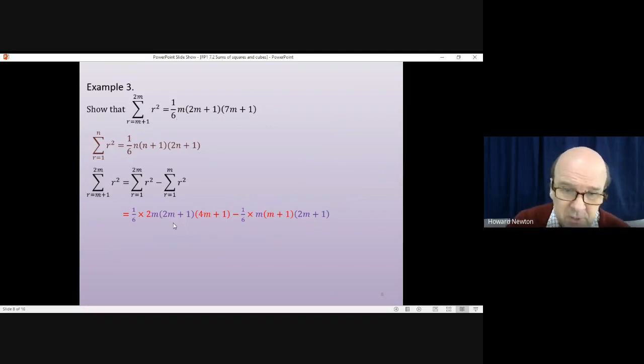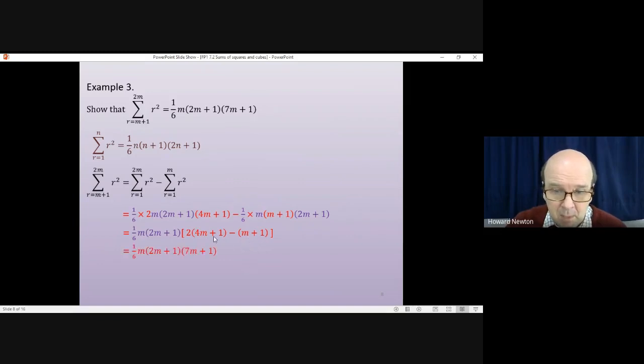So the very first moment you can do so. Now, in this case, 3 things, 1/6, m, and 2m plus 1 are common to both terms. So we take those outside the brackets. And then inside, we'll have 2 into 4m plus 1 minus m plus 1. We multiply these out and collect these together, and it takes you straight to the answer, which is what we were hoping we would get.